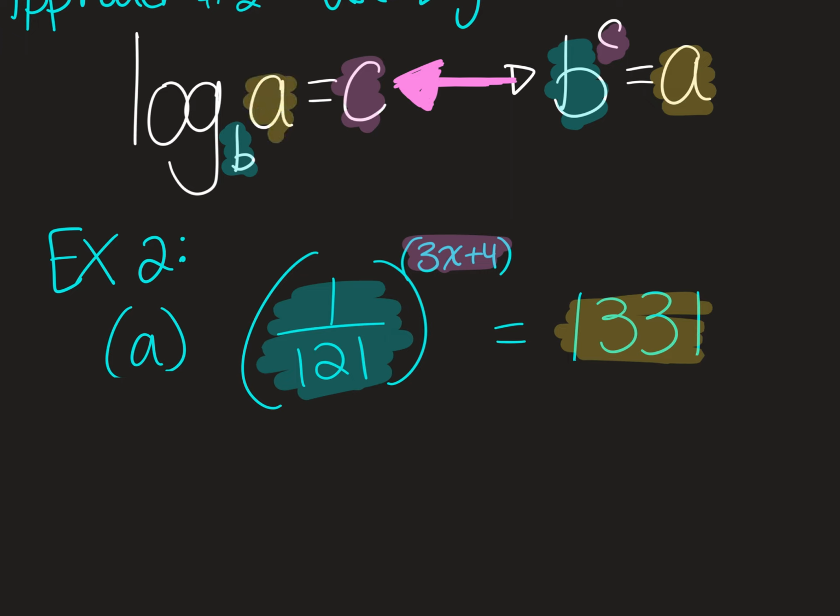Okay? So if I rewrite this, it's going to be the log. My base is 1 over 121. That seems a little strange, but it's okay.